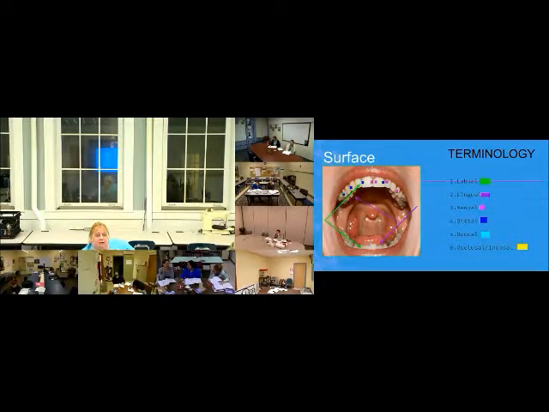So all those blue dots are distal, but every tooth has a distal surface. Buccal is the name for the surface closest to the cheek. Occlusal is the name for a posterior tooth on the biting surface. And incisal is the name for an anterior tooth on the edge, or its biting surface.